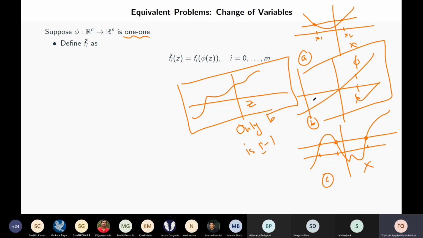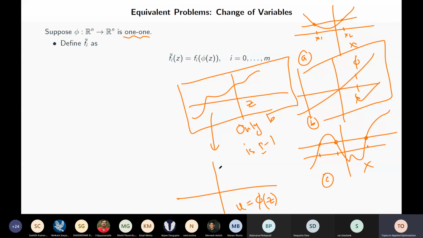If you do a transform of this, then I go to a different space where my variables now look like phi of z. Let us call this u. So I go from the z variable to the u variable. I have transformed my problem by doing this, and then I apply f i on that. Let us say these are the inequality constraints and equality constraints.